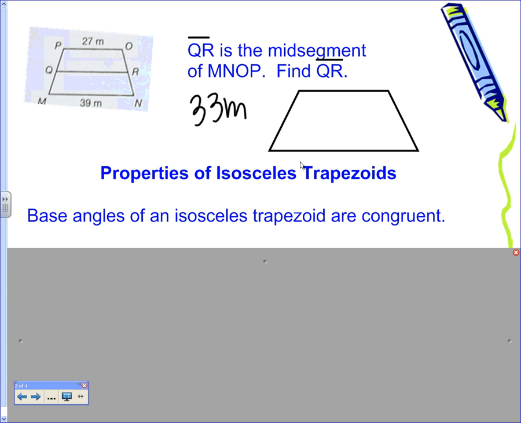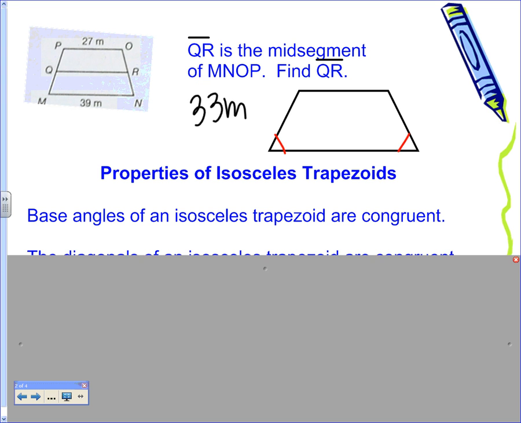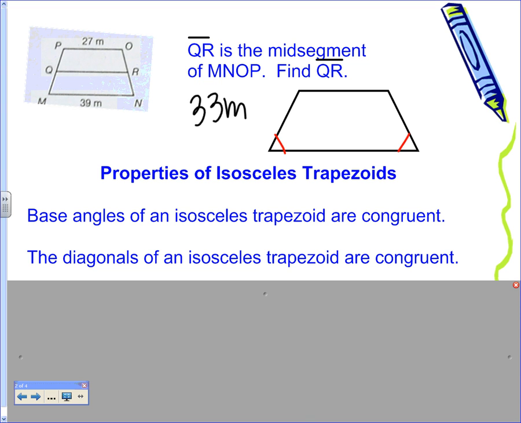So the base angles of an isosceles trapezoid are congruent. Where are the base angles? Those two. Does that make sense? All right. The diagonals of an isosceles trapezoid are also congruent.